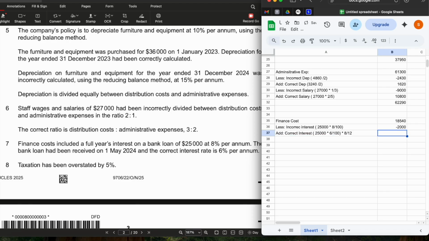That will give me 1,000. So my finance cost is 17,540.